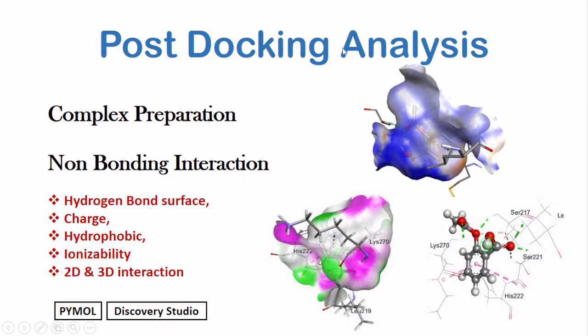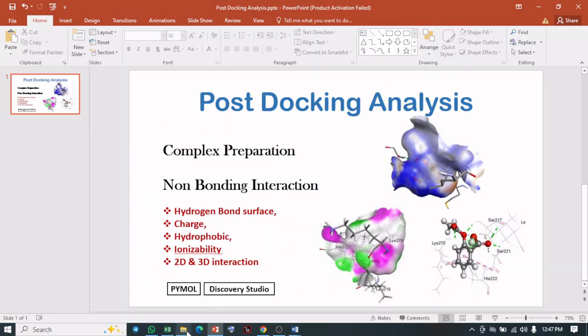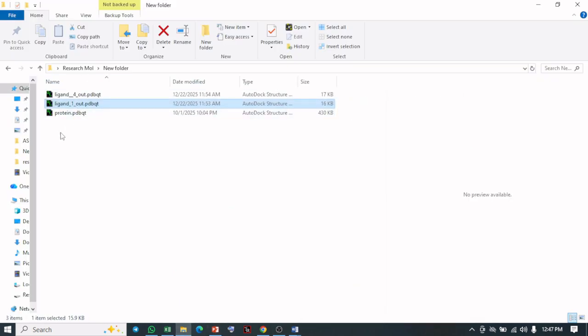For post-docking analysis, first we need to complete our molecular docking. After the docking, we will obtain some files named PDBQT files. This PDBQT file is for the protein and these are for the ligand.